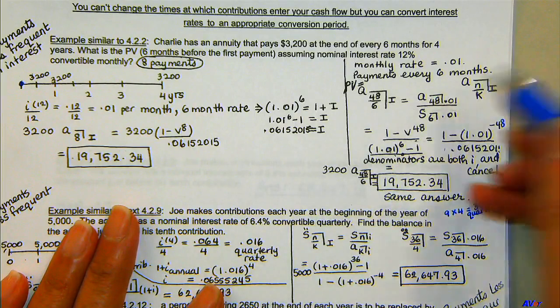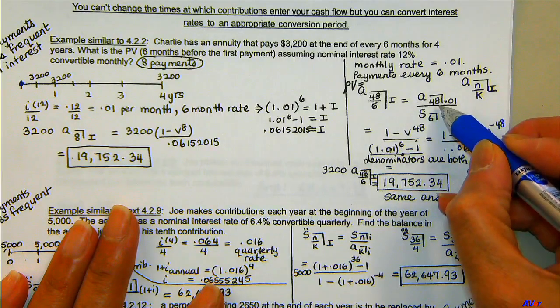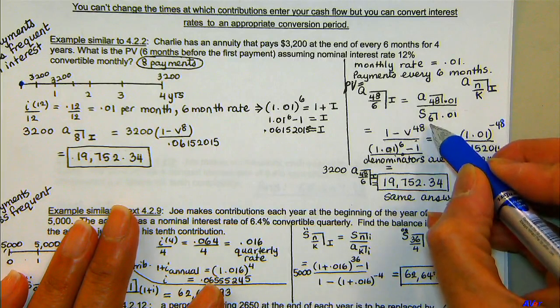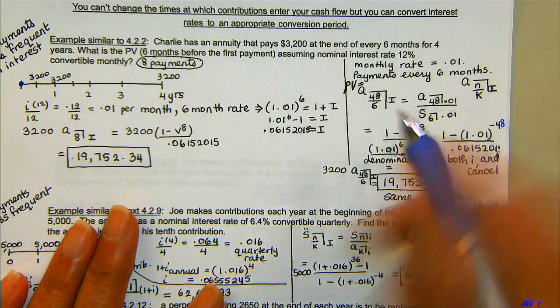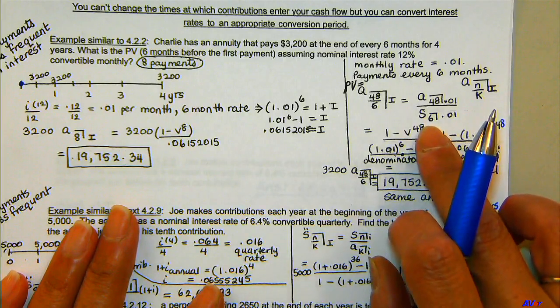I'm taking present value, so the numerator will be A angle 48 because there are 48 months in 4 years. And interest is credited every 6 months. And because the payments are occurring at the end of the period, I will divide by S angle K.